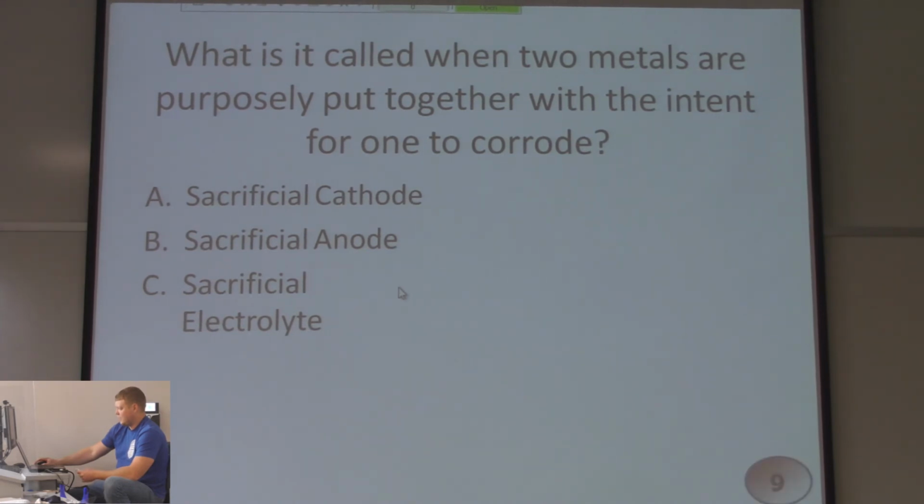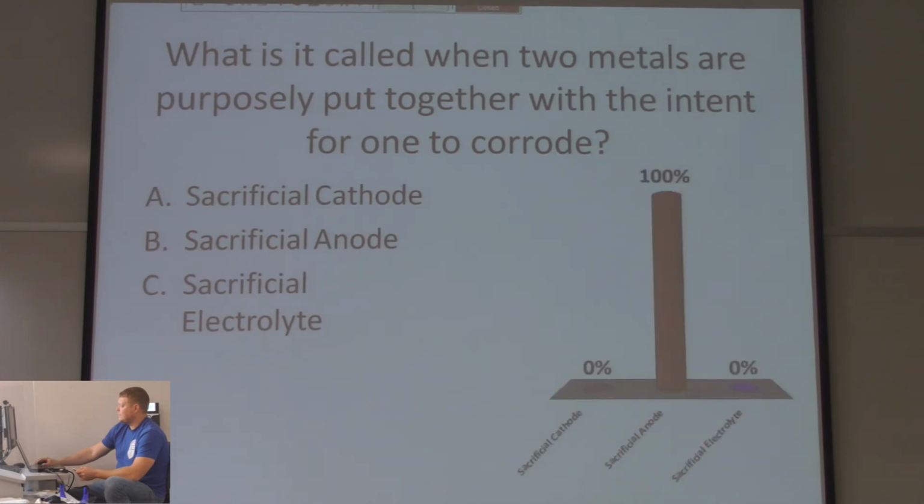Sacrificial cathode, sacrificial anode, or sacrificial electrolyte? Sacrificial anode. Well, the anode will always corrode, I guess.